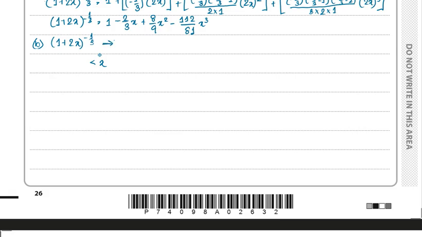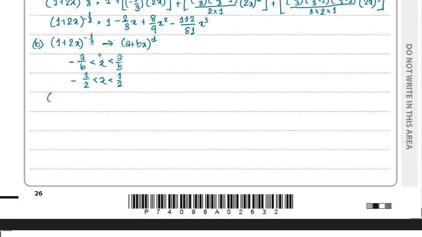If the expression is in the form a plus bx to the power d, then the range of values would be minus a by b less than x less than positive a by b. So if I look at the expression given to us, a is 1 and b is 2, so minus 1 by 2 less than x less than 1 by 2.